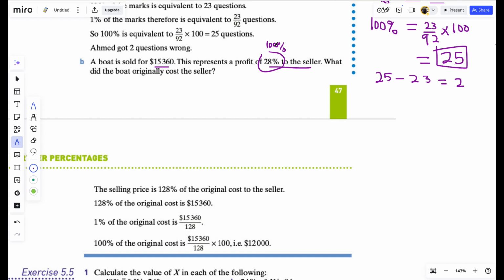He added 28% so that he can make a profit. 100% is without profit, but when he added 28%, it is with profit, and that's what this money represents. So I'm going to say 128. If you add 28 plus 100, you get 128. So 128% represents this amount of dollars, $50,360.